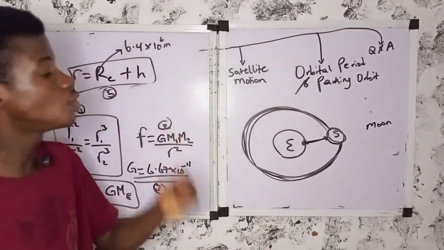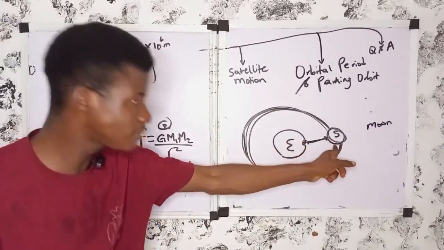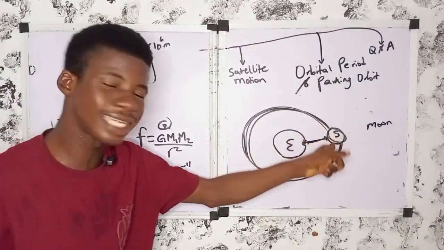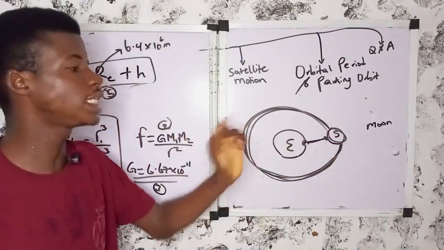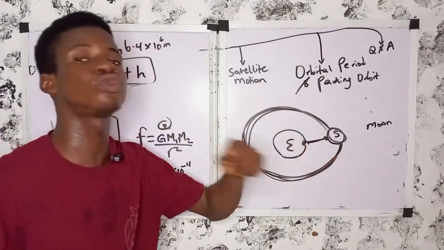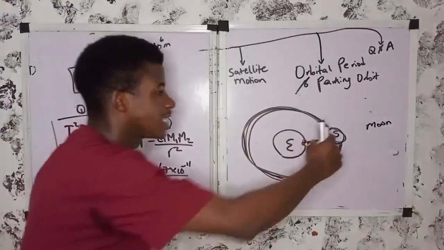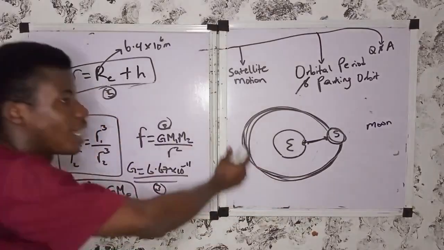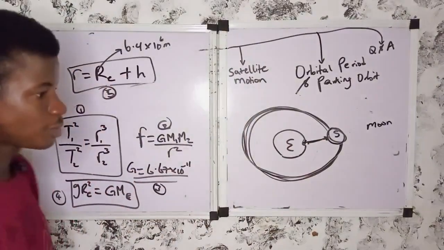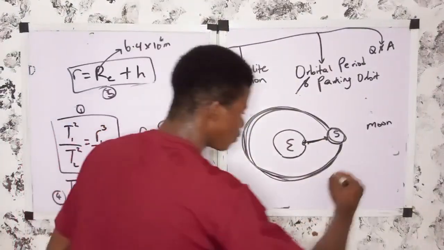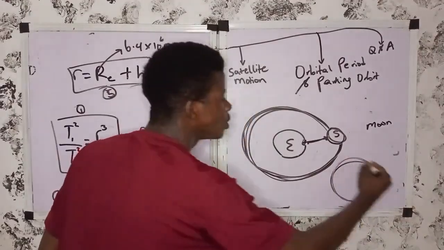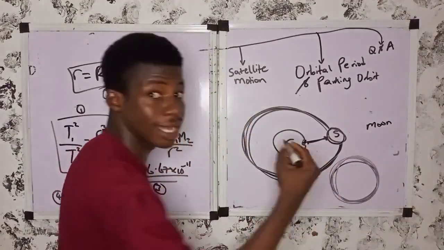It is the gravitational force between the Earth and the satellite that produces the centripetal force that keeps this body moving in a circular path. What is centripetal force? Centripetal force is an inward force that keeps a body rotating in a circular path, right?